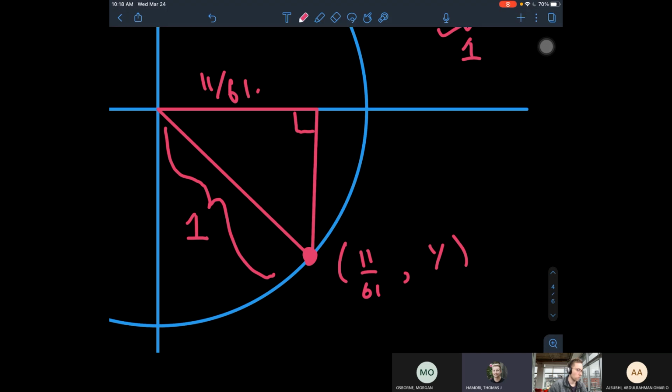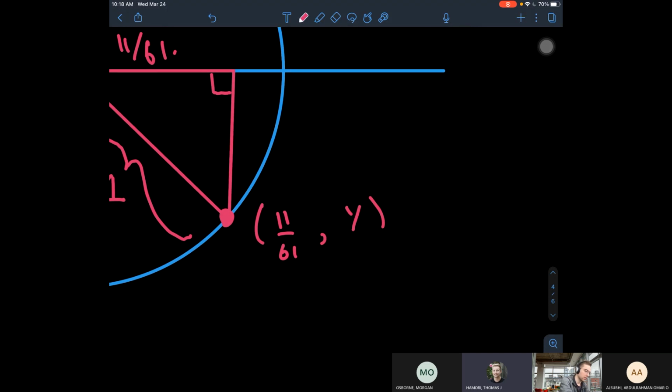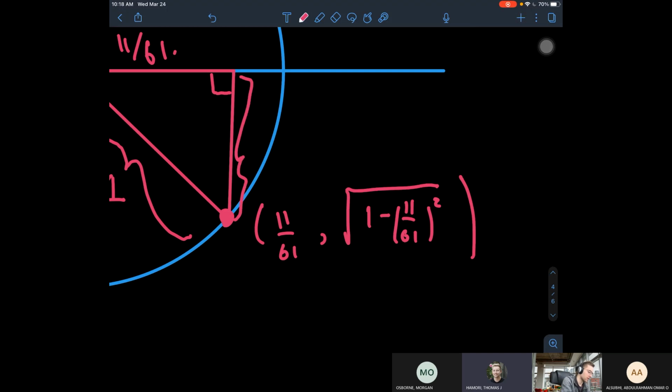Once we get the value of A, we can plug that value in for Y. That's right. So the value of this point here is the square root of 1 minus 11 over 61 squared. In other words, it's also the length of this side.